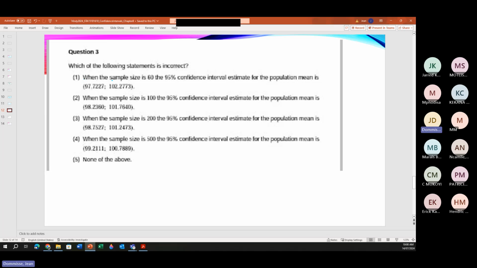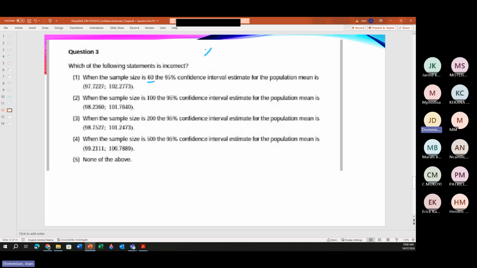When the sample size is 60, the 95% confidence interval estimate for the population is, now they give us 72 point and 101. Then they just go to the next one.